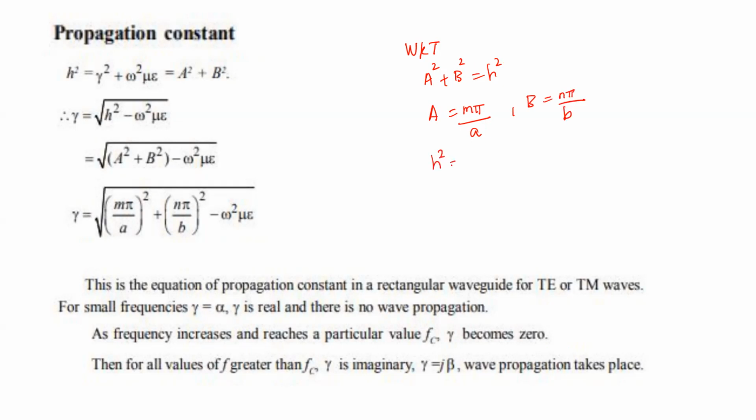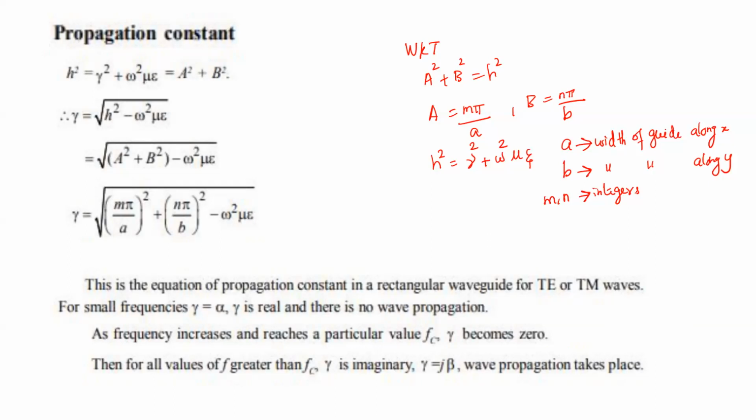And this h square can be written as gamma square plus omega square mu epsilon. Here, a is nothing but the width of the waveguide along x direction and b is the width of the guide along y direction. Also, m and n are integers.